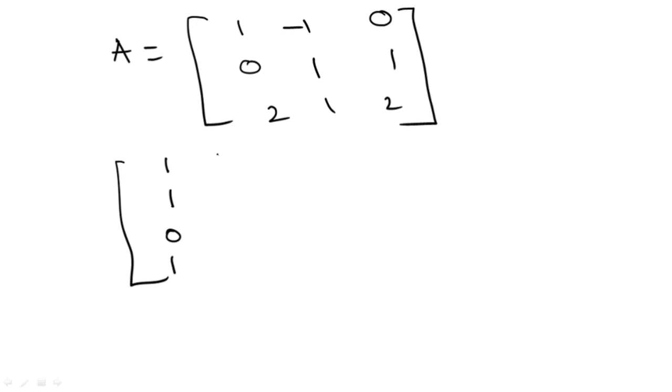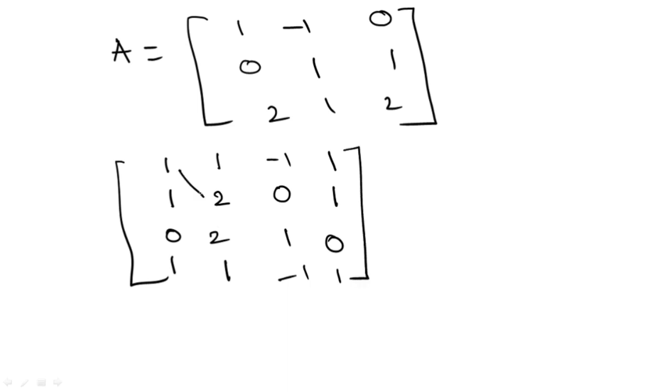Third row with middle element: 1, 2, 2, 1. First row with middle element: minus 1, 0, 1, minus 1. Again repeat the second row: 1, 1, 0. Now take AD minus BC for each corresponding.